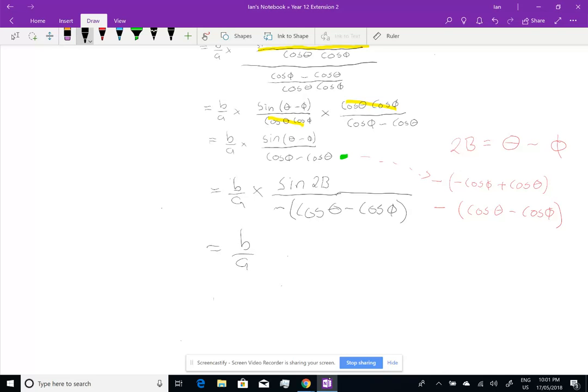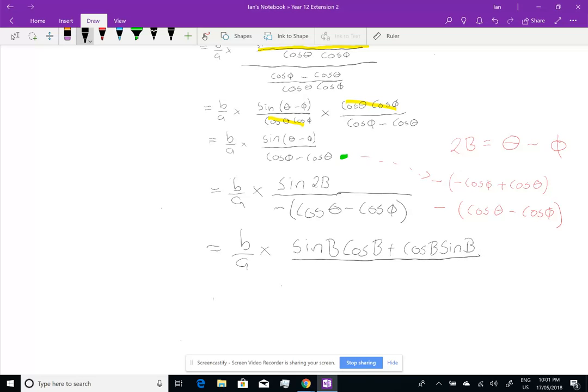B on A. Well, sine 2b is 2 sine b cos b, that's our double angle formula.